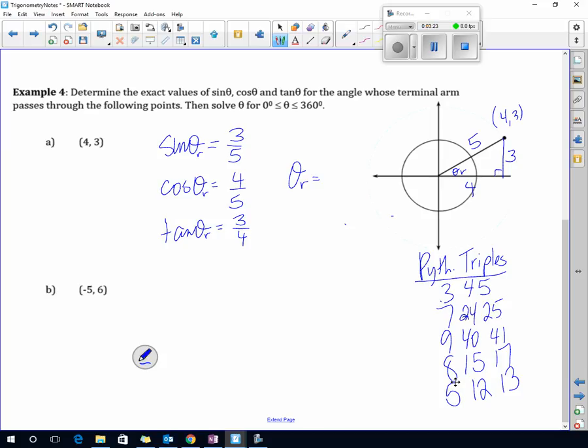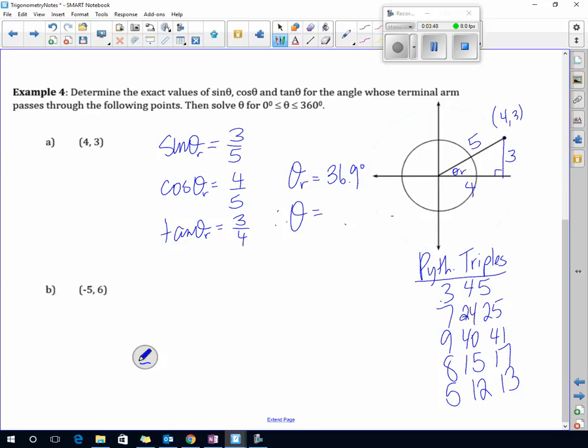Choose one. Inverse it. There you go. Inverse trig. That means my answer is therefore 36.9 degrees. And you're saying, what? That's because it's the same. Theta and theta are the same.